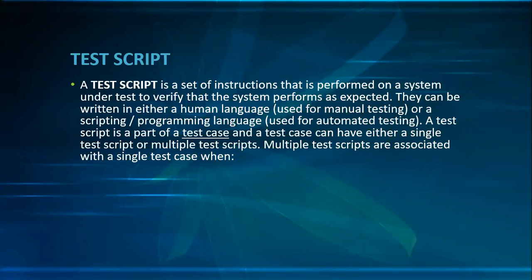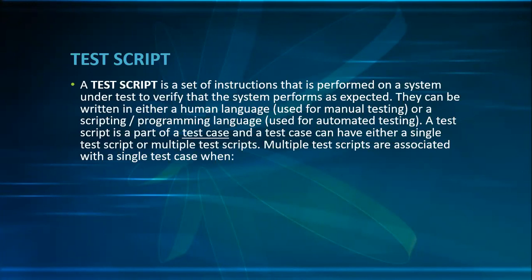We are going to take a case study where we are going to work on it, and I will explain some things further in the class. They can be written in either human language, which is used for manual testing, what we are going to do today, or a script or programming language. I'm also going to talk about that today. That will involve white box testing, used for automation testing.